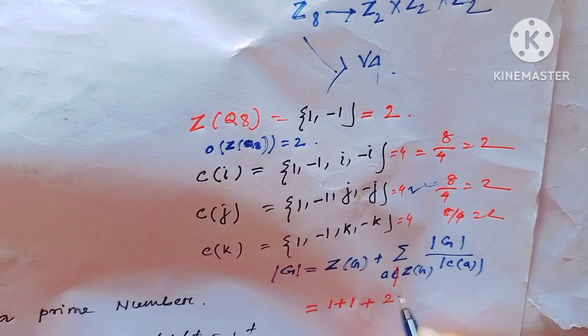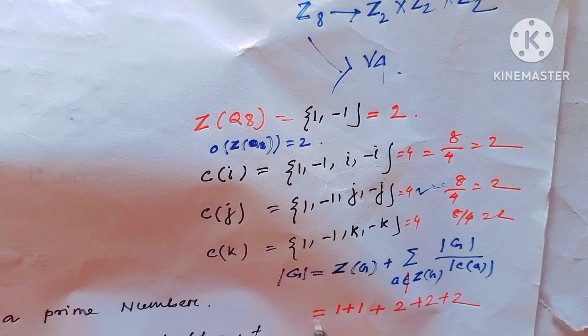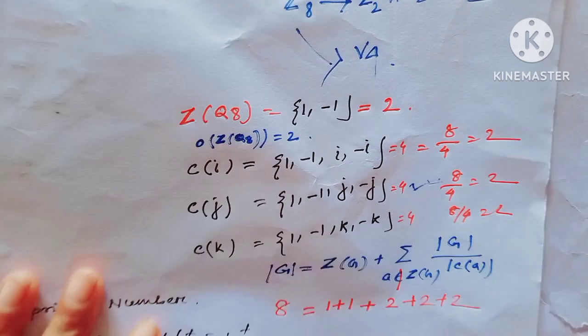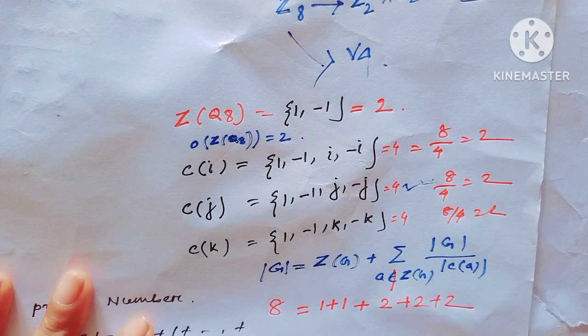This value would be 1 plus 1 plus 2 plus 2 plus 2. This is the class equation of the quaternion group: 8 equals 1 plus 1 plus 2 plus 2 plus 2.